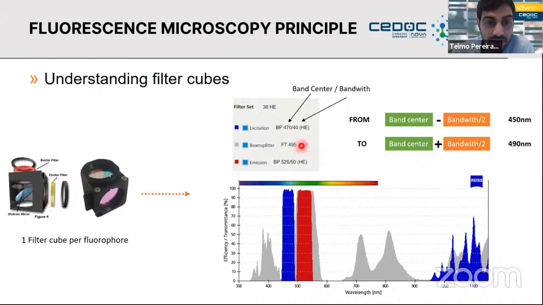The beam splitter is usually in the middle between these two. It will reflect the light from the excitation, and it will let pass all the light from the emission. So this is exactly in the middle.